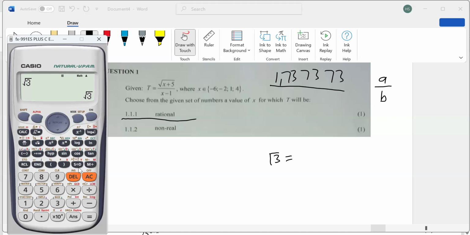If we try again, root, fraction, root, and then we try -2. Let's put -2 plus 5 equals, all over -2 minus 1.